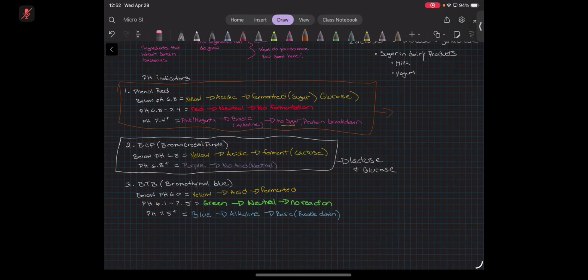Phenol red. This is the one for the urease test. It starts yellow, and if it stays yellow, it's fermenting. And that's that neon pink, right?